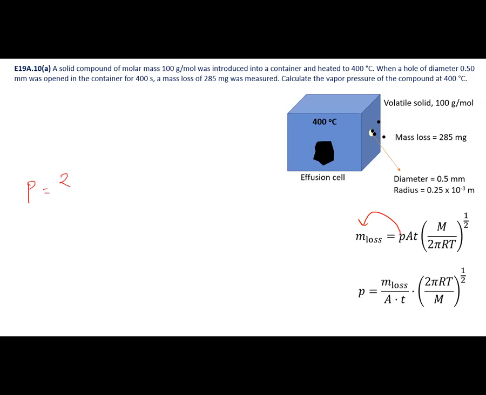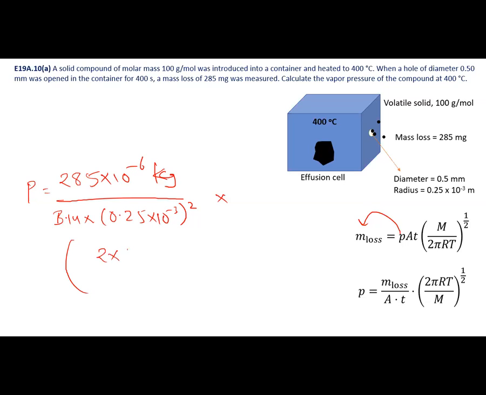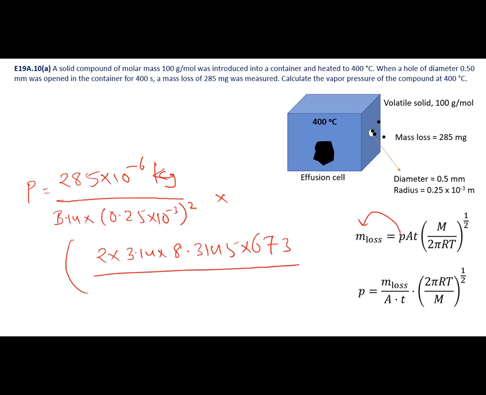So mass loss is 285 times 10 power negative 6, I just converted the milligrams into kilograms, over area, which is pi, 3.14, times (0.25 times 10 power negative 3) squared, multiplied by (2 times 3.14 times 8.3145 times 673, converted the 400 degrees Celsius into Kelvin, over the molar mass, again converted to kilogram per mole) to the power half.